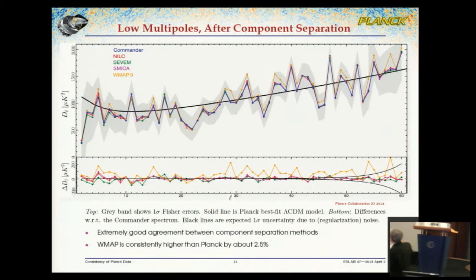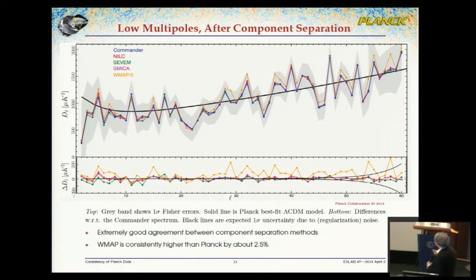And it shows WMAP 9. And it's pretty hard to see the separation between the 4 component separation methods in Planck. But you can see a difference of about 2.5% with WMAP. WMAP is consistently 2.5% higher on average. You can see it better here. The yellow is sticking up above the line.